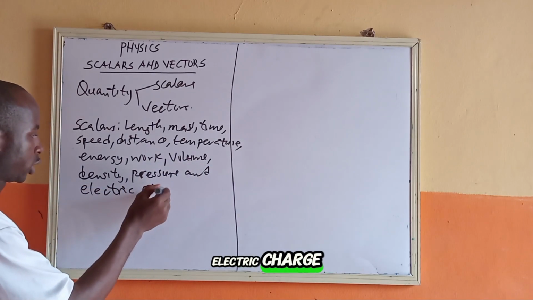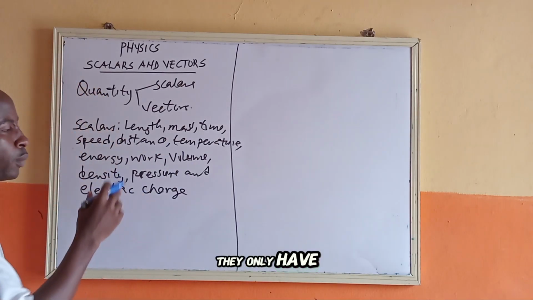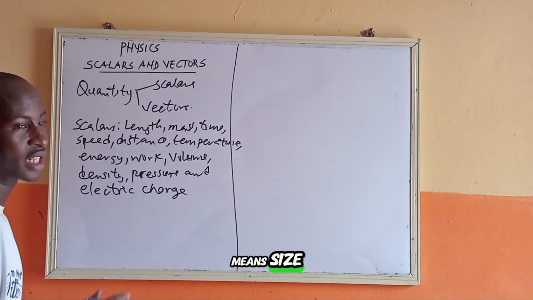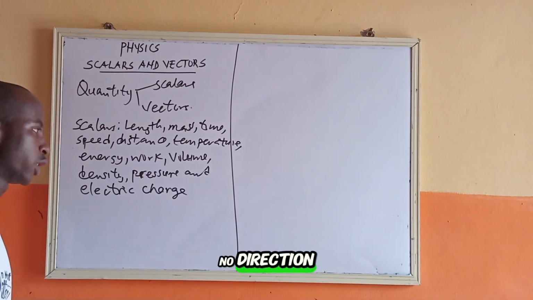Electric charge. All these only have magnitude. And magnitude means size. You can only measure them with no direction.